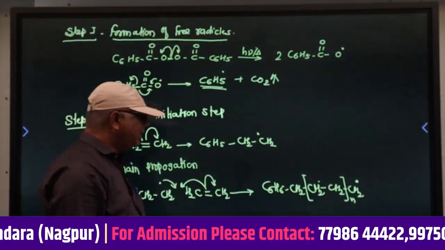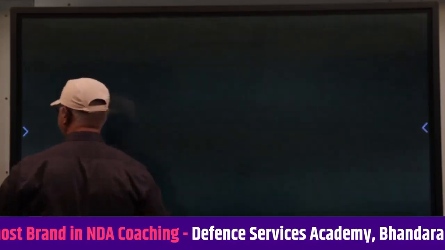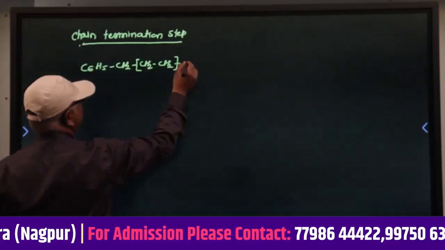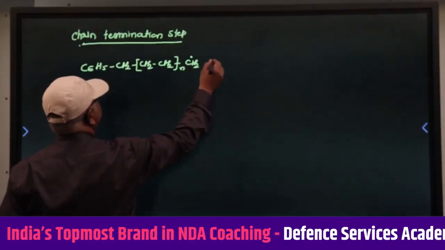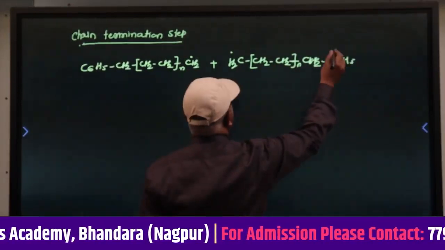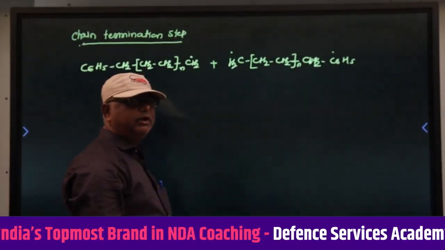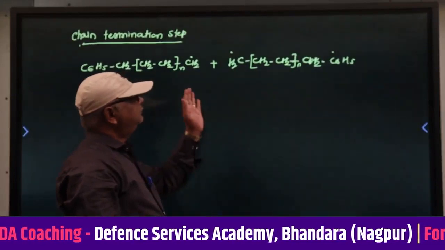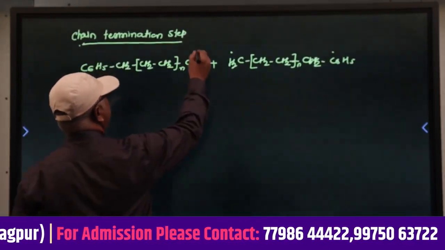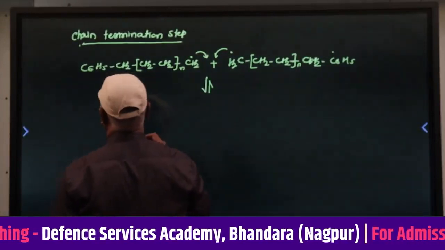Finally, step 4 is the chain termination step. CH2 free radical plus another. These are condensed together, and when certain impurity is added, then these two chains are fused together, condensed together.